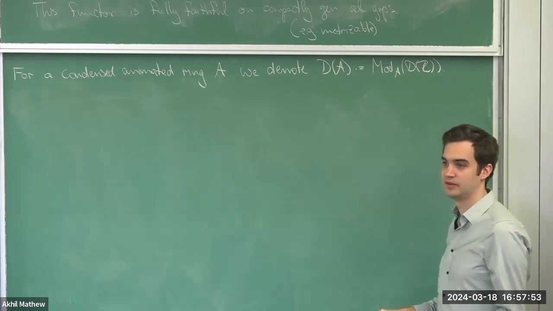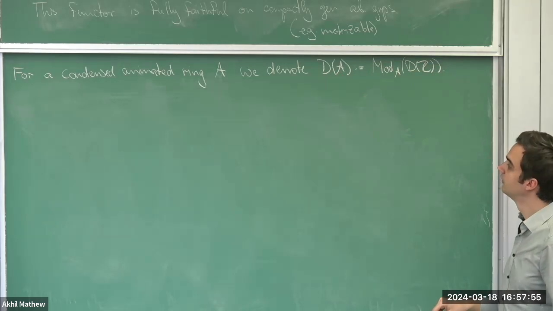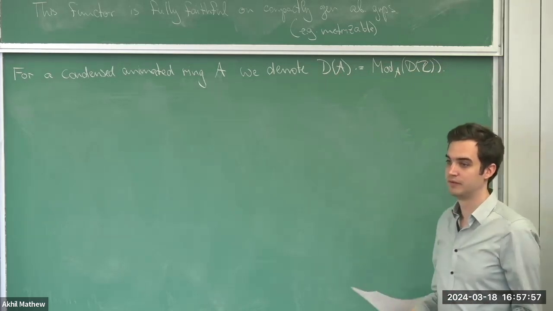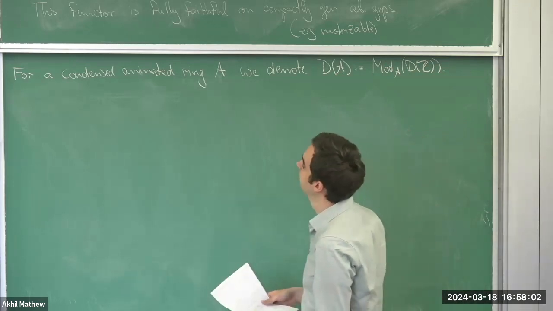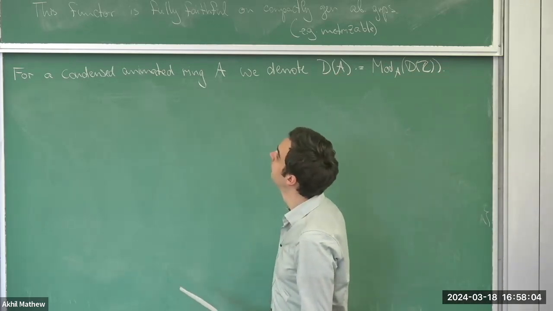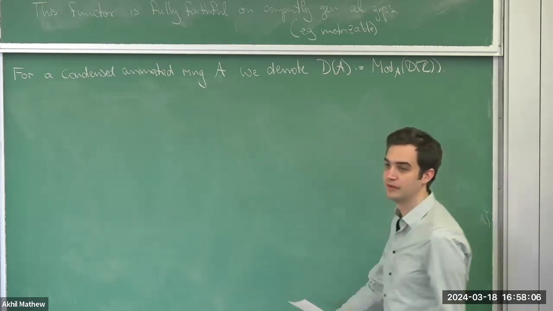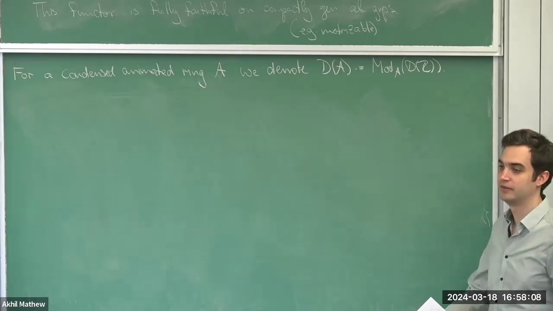I have a question about the order. In theory, you have animated things, but you can also find condensed animated things, right? Yes, and you can also do it the other way. It doesn't matter.